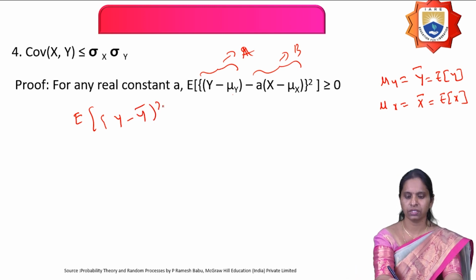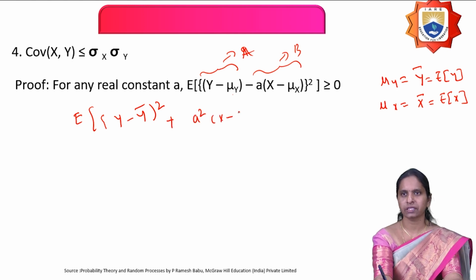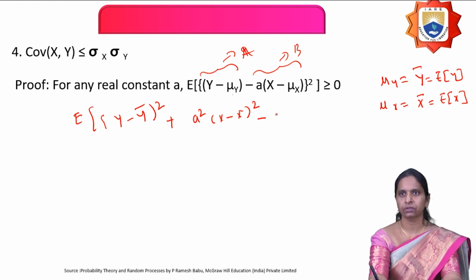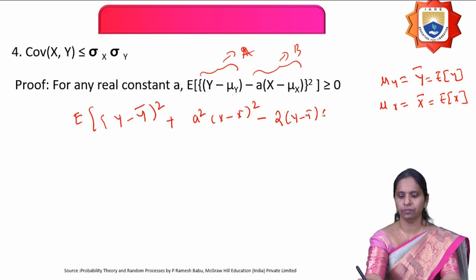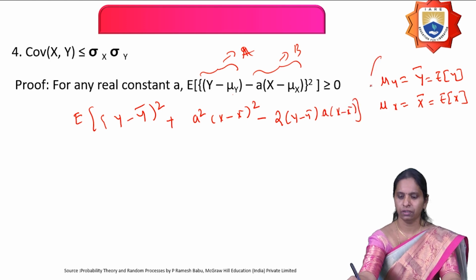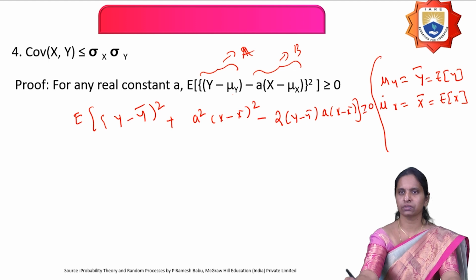So y minus y bar whole square plus a square into x minus x bar square minus 2ab. So 2 into a, what is a here? Y minus y bar, into, and what is b here? A into x minus x bar. So this value is greater than or equal to 0.